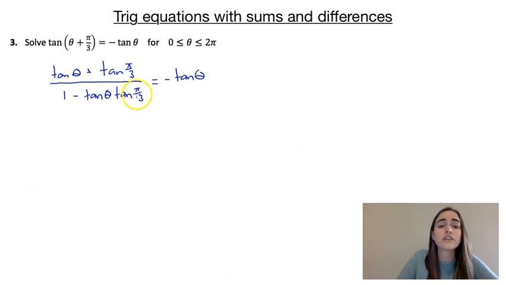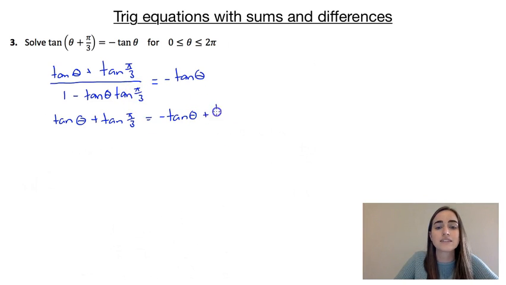Now to start solving this, I'm going to multiply both sides by that denominator. So the left-hand side is going to stay as tan theta plus tan pi on 3, equal to minus tan theta, so I'm timesing that by the 1, and then times minus tan theta by minus tan theta tan pi on 3.